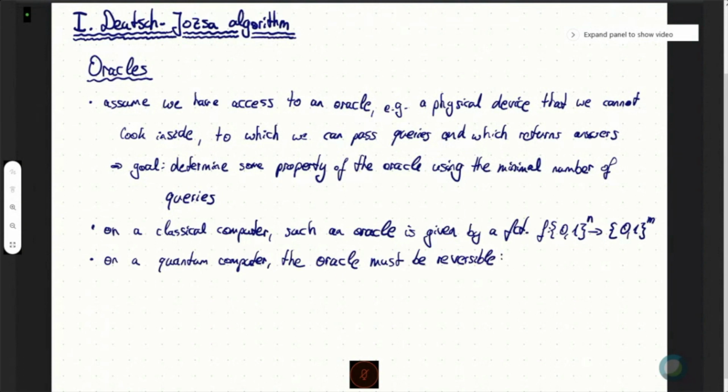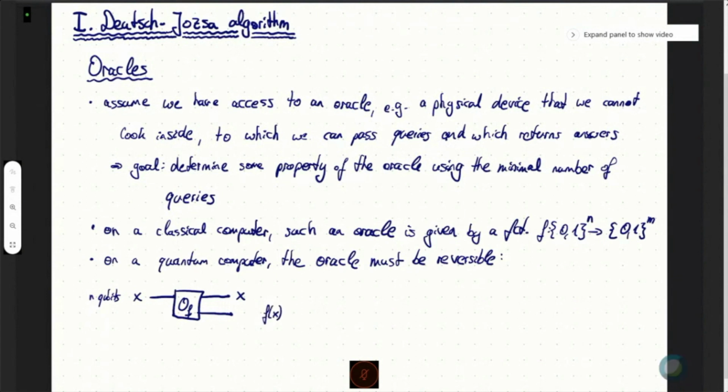If I have x as an input, which has n qubits, then I have my oracle, which I call OF, which implements the function f. And in order to be reversible, first of all, we want to output x again, and then we want to output our function bits, f of x.